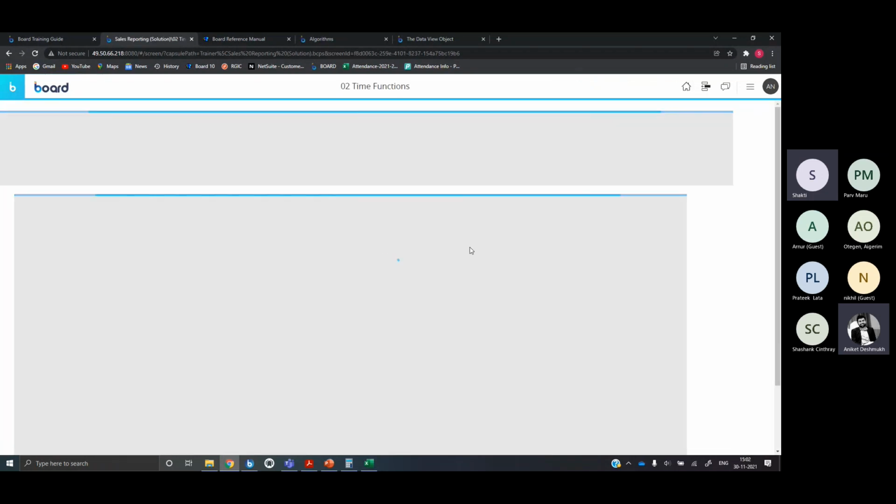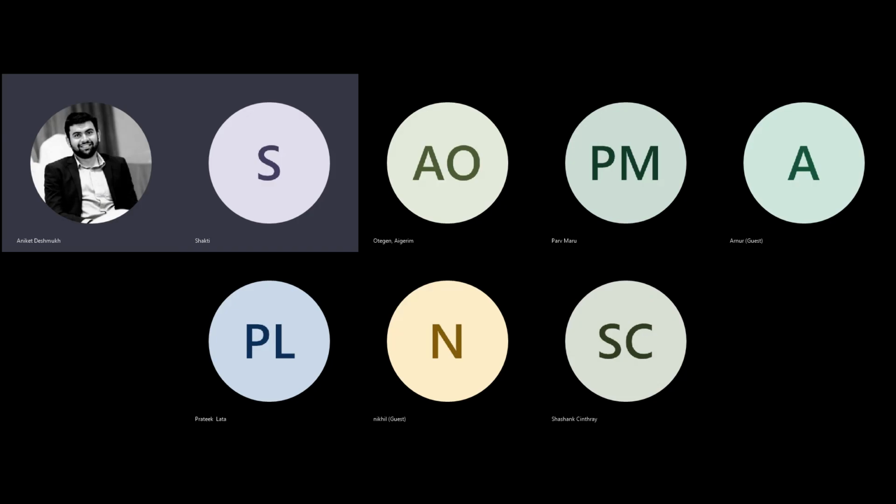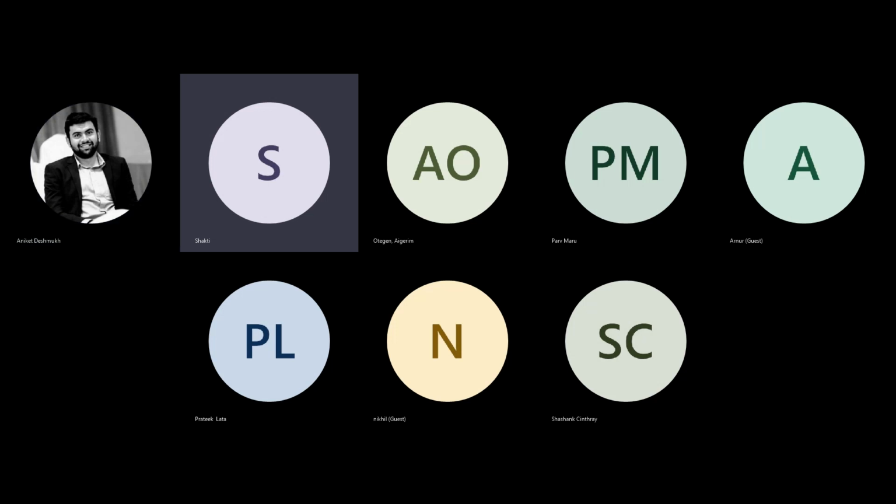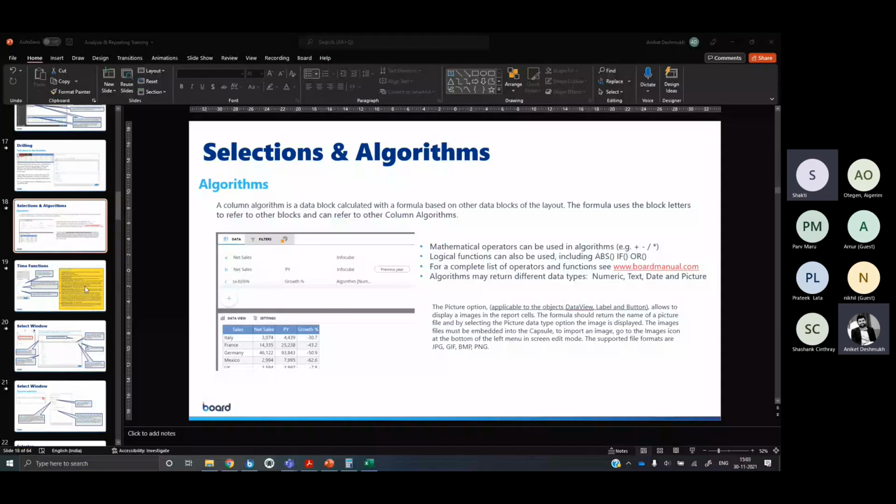And as I said, the functions like previous period, last value, yearly moving total, yearly moving average work in conjunction with the cube dimension. So if your cube dimension is day, it works correctly at a day level. If it is at a month, it correctly works at a month level and so on. Okay. So that's how the time functions work.